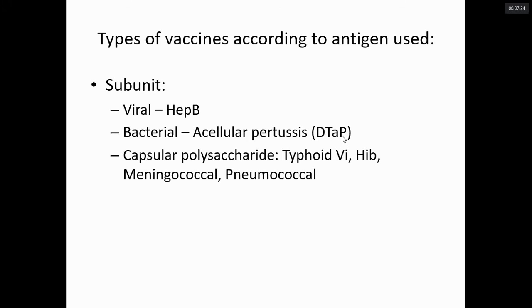DTwP, whole-cell pertussis, is a killed vaccine, but acellular pertussis is a subunit vaccine because only a part of the pertussis pathogen is taken. Capsular polysaccharides of Haemophilus influenzae, pneumococcal and meningococcal are capsular polysaccharide vaccines. These are all subunit vaccines.